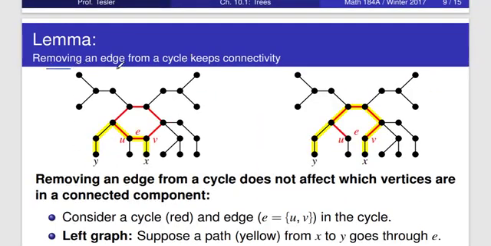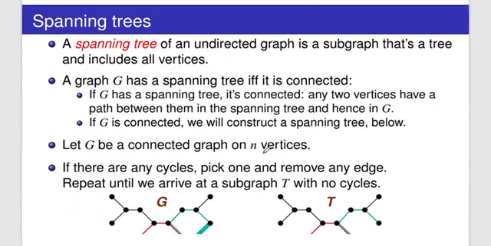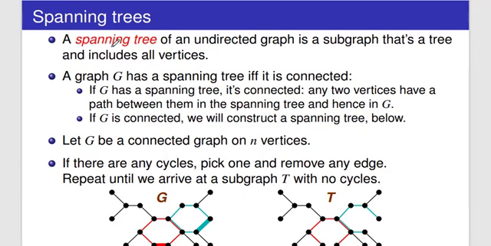Then the lemma: removing an edge from a cycle keeps connectivity. If we remove any edge, we can always make a path from y to x. It doesn't break down. Then spanning tree, this is important. A spanning tree of an undirected graph is a subgraph that is a tree and includes all the vertices.